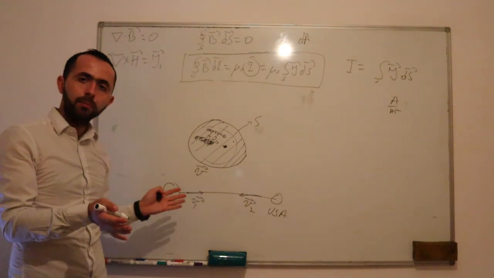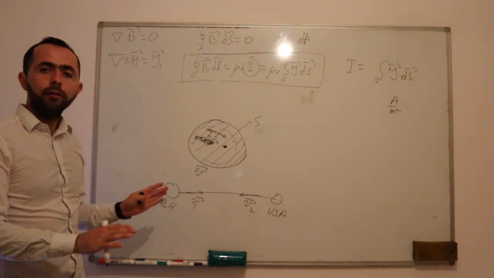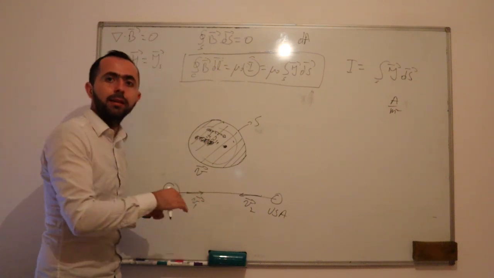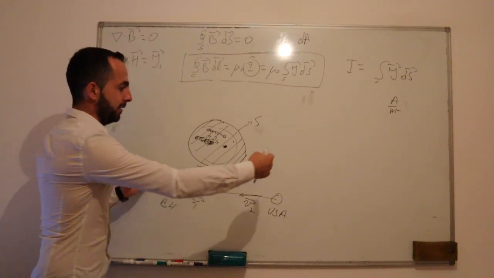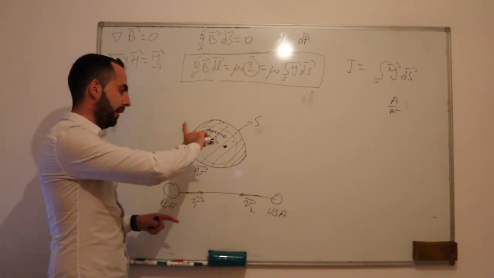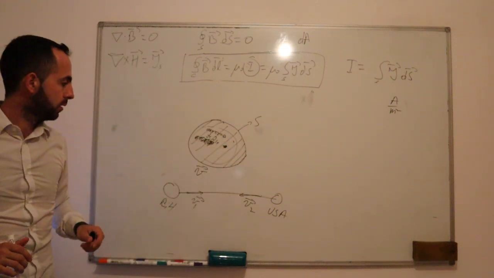This is the best example of a vector. It has its amplitude, the speed, it has a line segment on which we have that speed, from Bosnia to USA, and it has a direction.